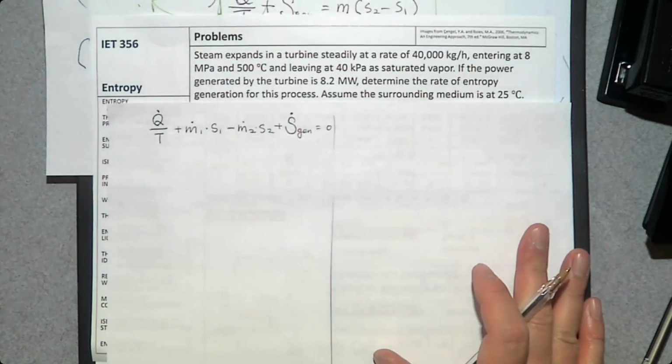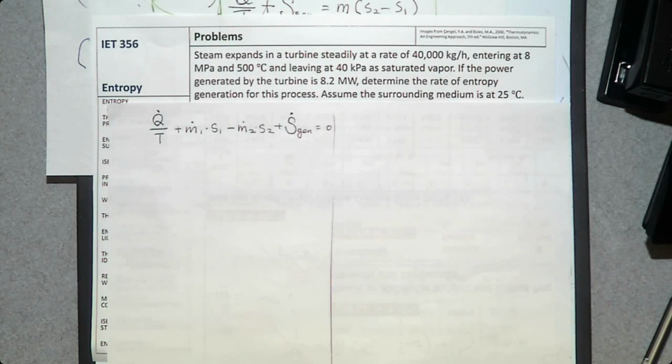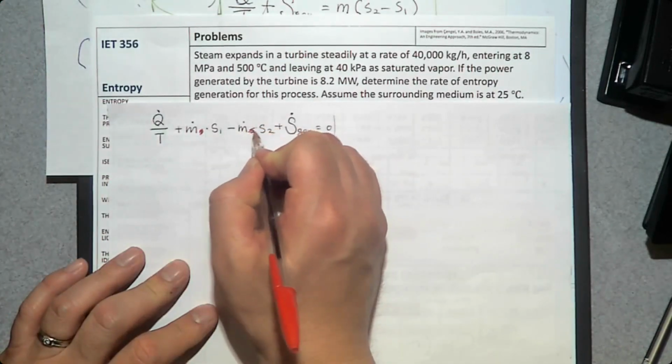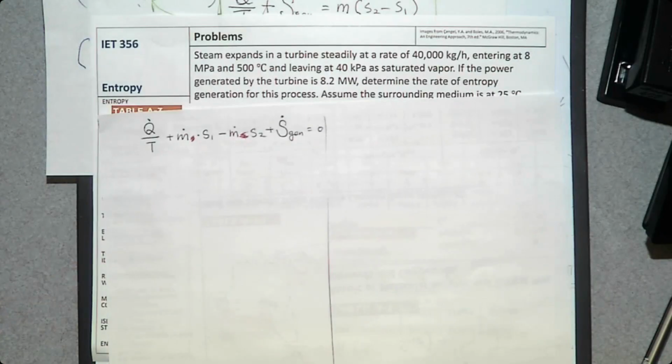So the steam expands in a turbine steadily at the rate of 40,000 kilogram per hour. So we have m dot. M dot at the inlet is the same as m dot at the exit, because we only have one inlet, one exit. We have a conservation of mass principle. They're supposed to be the same.